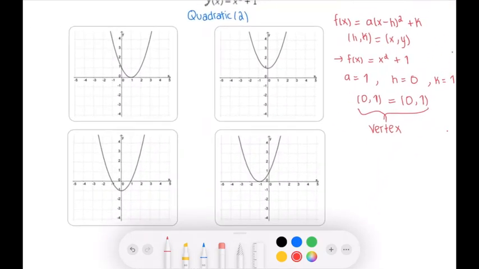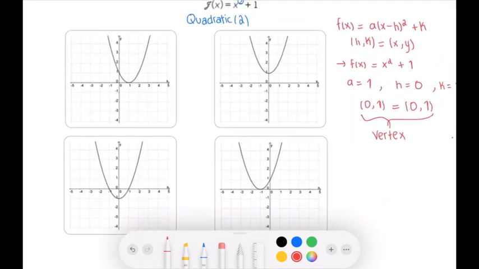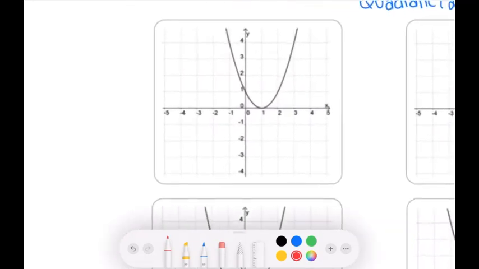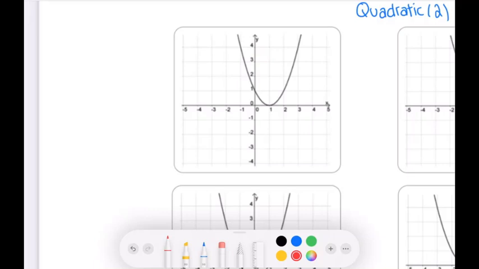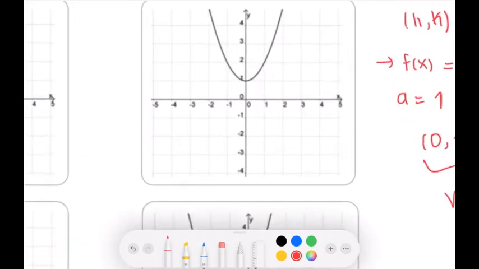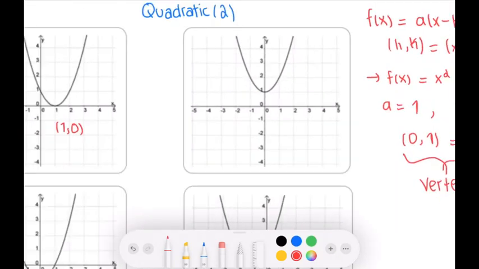So let us see which one has a vertex of 0 and 1. In the first graph, it would be 1 and 0. In the second graph, the vertex would be 0 and 1.